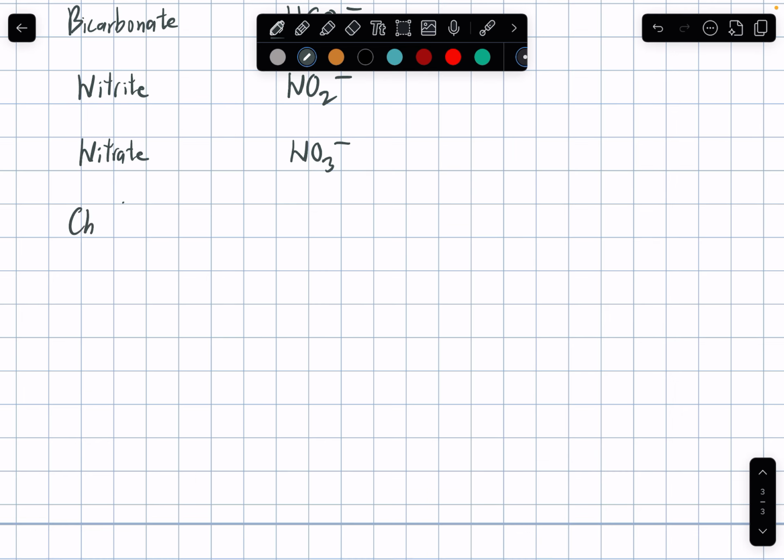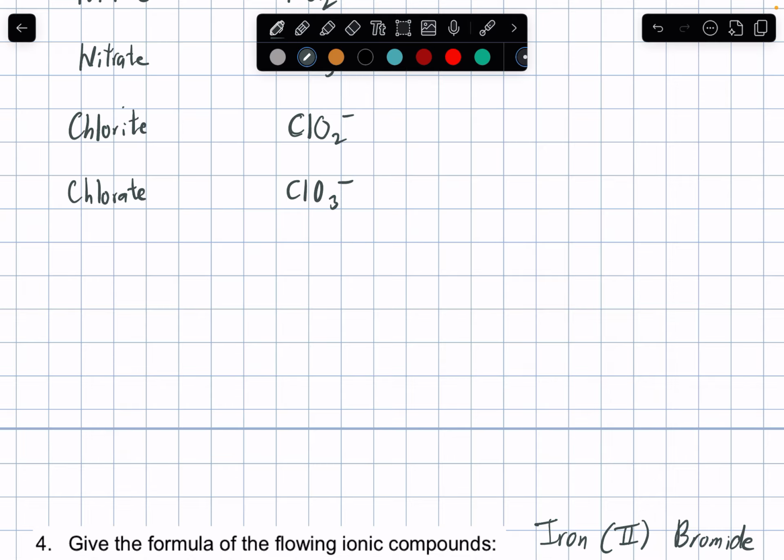We have chlorite, that's ClO2 minus. Chlorate, ClO3 minus. Hypochlorite is just like that, I think.